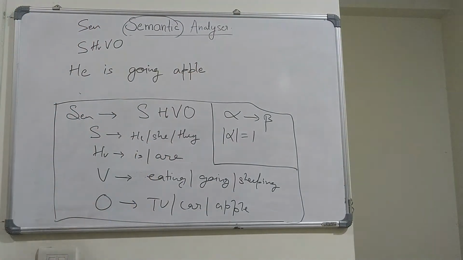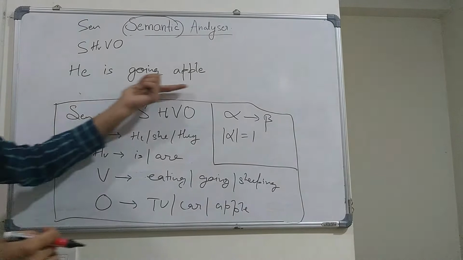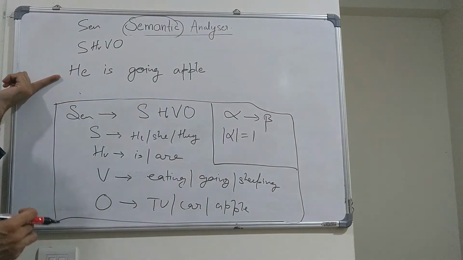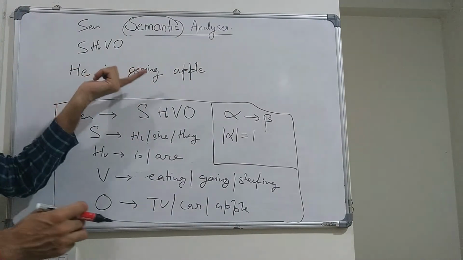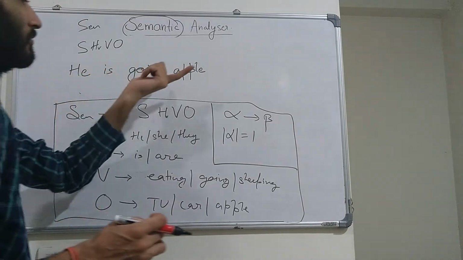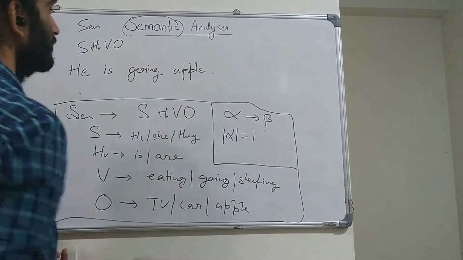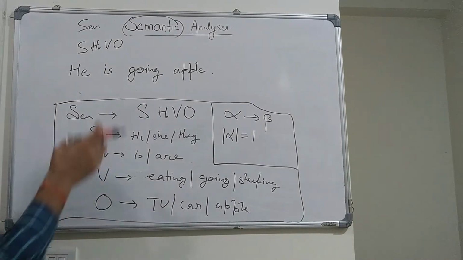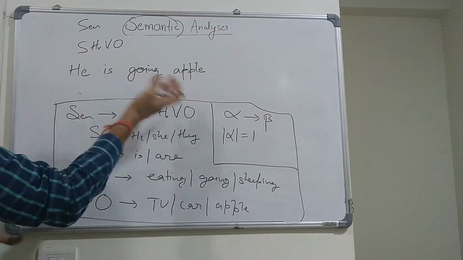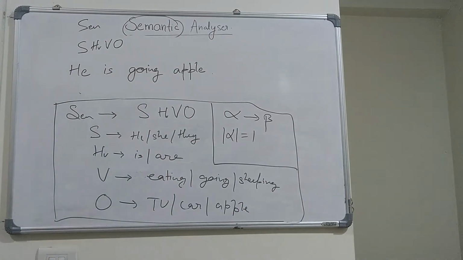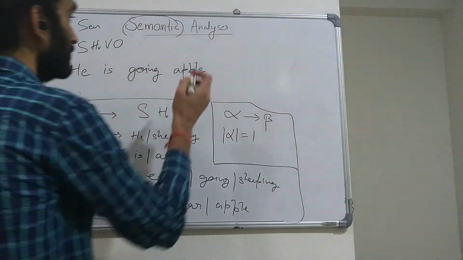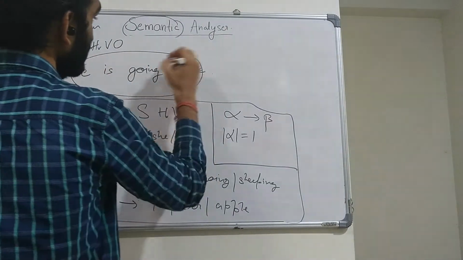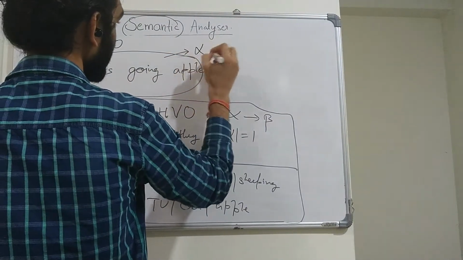As you can clearly see, the syntax of the whole sentence is correct: the subject is followed by a helping verb, followed by a verb, followed by an object. This is what a sentence should be syntactically. But if you check the meaning of the sentence, "he is going apple", does it make any meaning? No, it doesn't. That means it is not semantically correct.